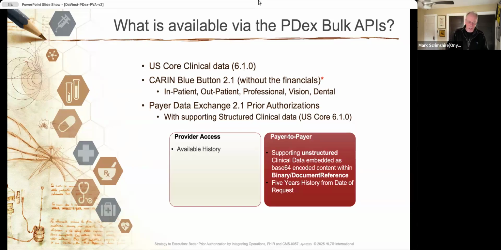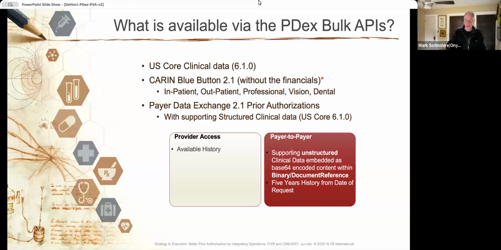We are taking the data from the prior authorization support claim response and translating it into an EOB. It goes back to some of the history of the EOB as a design of both claim and claim response formats.